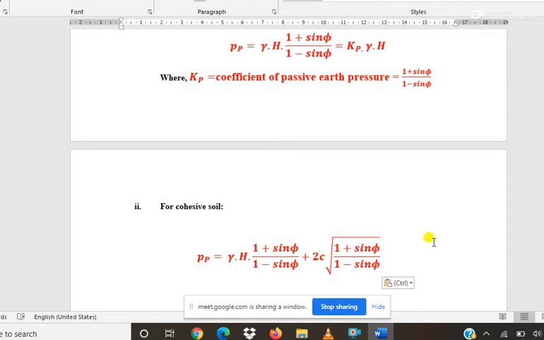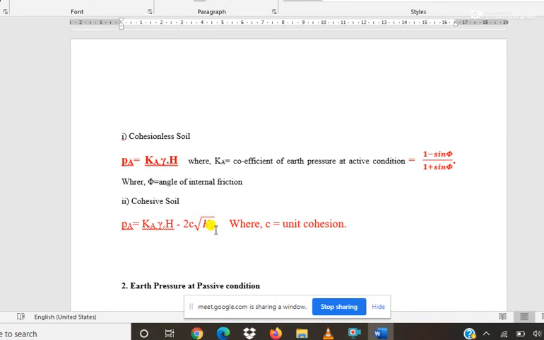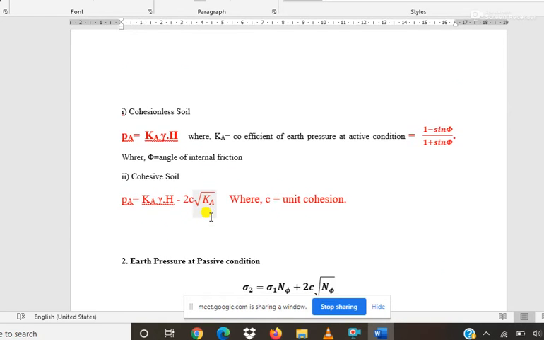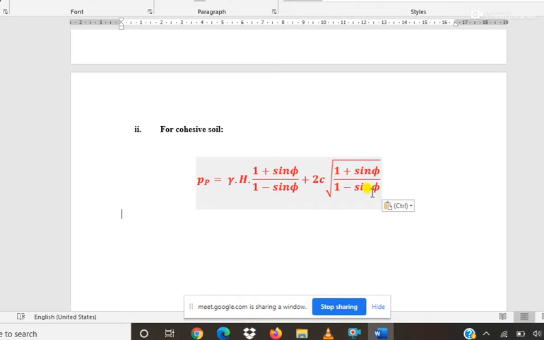This is for cohesive soil. Now this one is Kp and this one is root over of Kp, as this one is Ka, this one is root over of Ka. Here also this one is Kp and this one is root over of Kp.